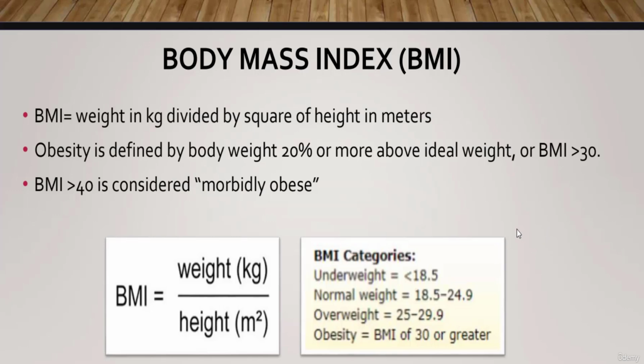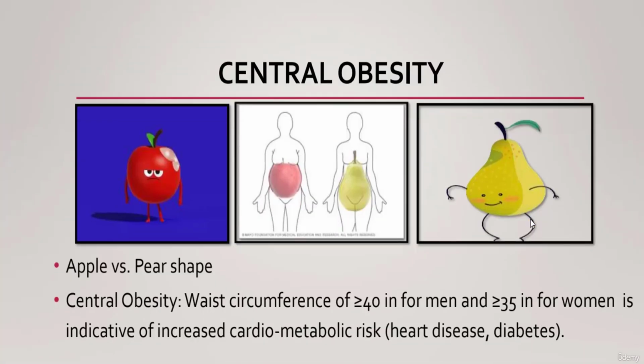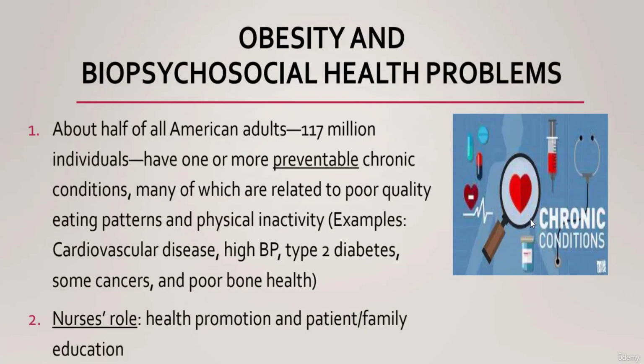So BMI is calculated by dividing the weight in kilograms by the height in meters squared. Central obesity. So apple versus pear shape. Again, these are just different types of obesity depending on your morphology.